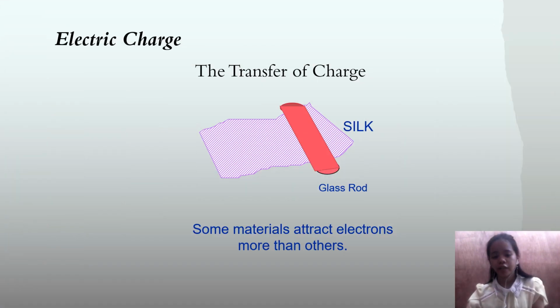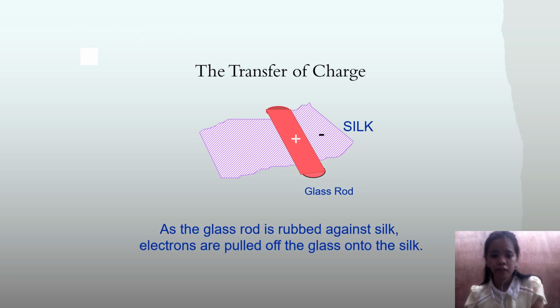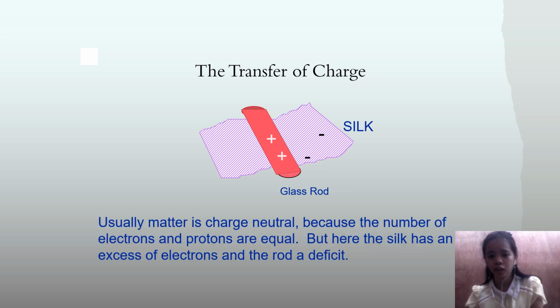So here's an example for electric charge, the transfer of charge. Here we're going to use a glass rod and silk because silk can attract electrons more than others. The glass rod is rubbed against silk. Electrons are pulled off the glass onto the silk, and usually matter is neutral because the number of electrons and protons are equal.